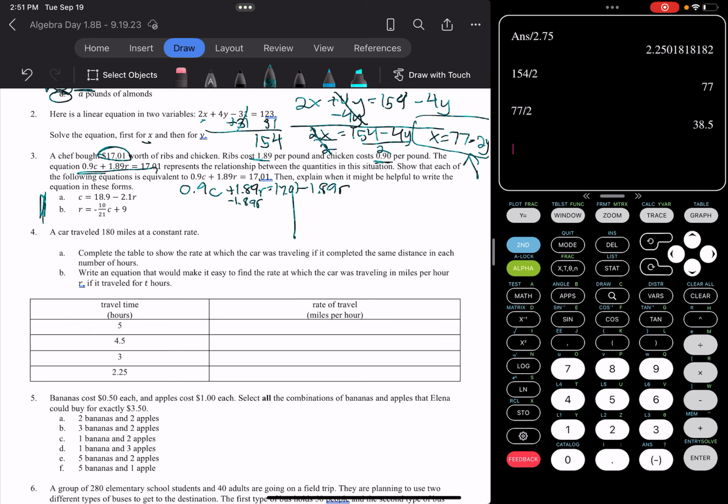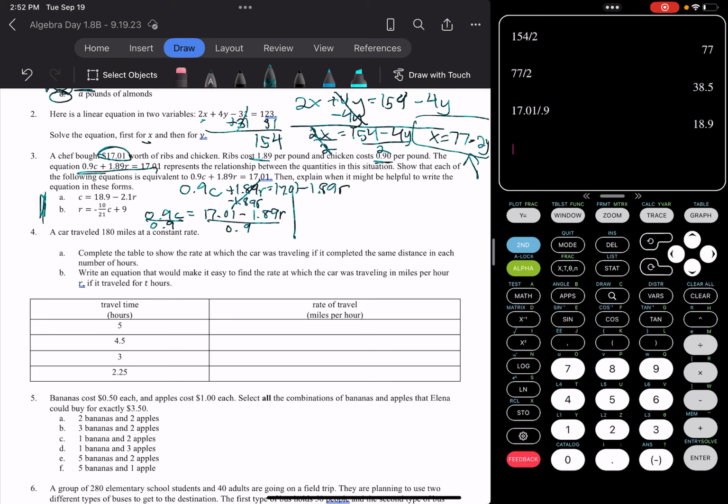And then this will cancel out to 0, so we'll be left with 0.9c equals 17.01 minus 1.89r. And then I'm going to divide both sides by 0.9. And if we do that, we have 17.01 divided by 0.9.